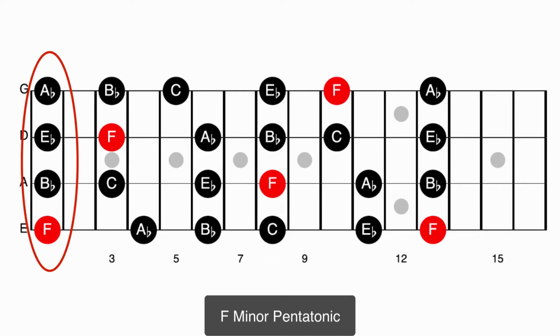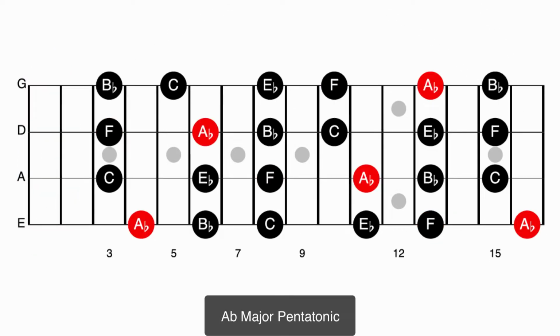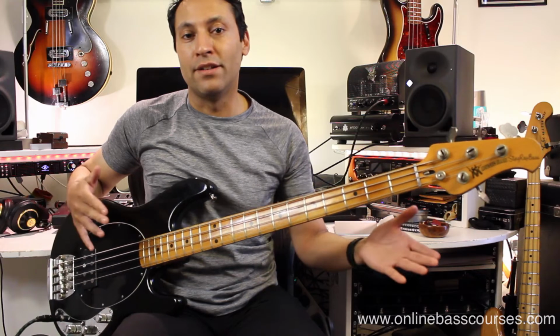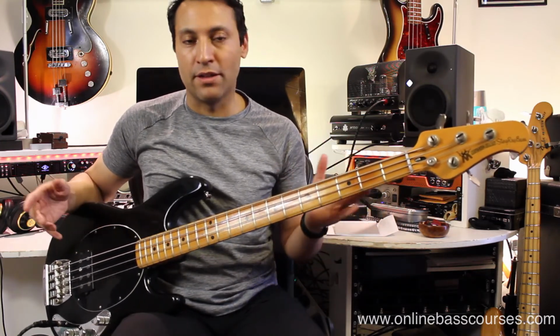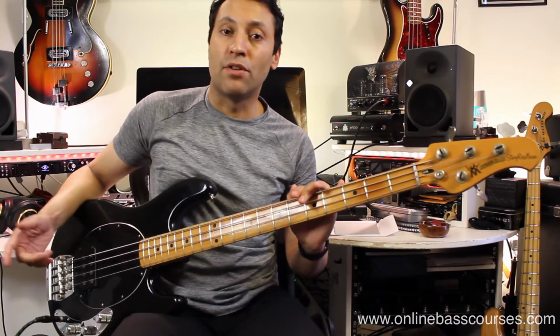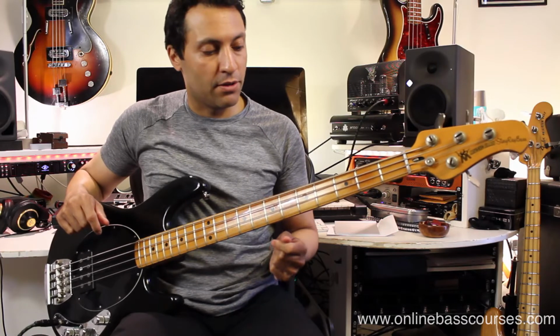If you take the A flat major pentatonic scale and then I remove these notes and put them at the other end, you have exactly the same notes in both scales. So if you have learnt the major pentatonic scale, you've already learnt the minor pentatonic scale as well. You don't have to do anything new. And that's the same for the full 7-note major and minor scale as well.